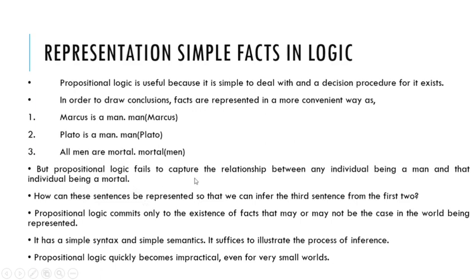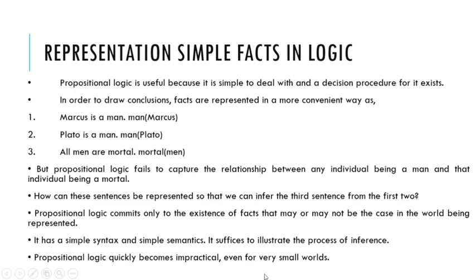Now, here the propositional logic failed to capture the relationship between any individual being a man and that individual being mortal. The propositional logic that we have used here comparatively failed to capture the relationship between those objects or individual beings. Now, how can these sentences be represented so that we can infer the third sentence from the first two, right?